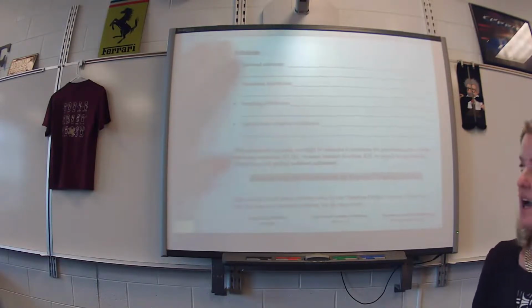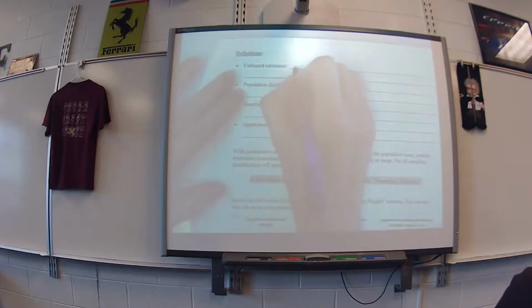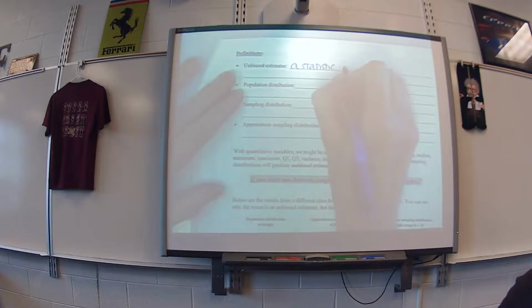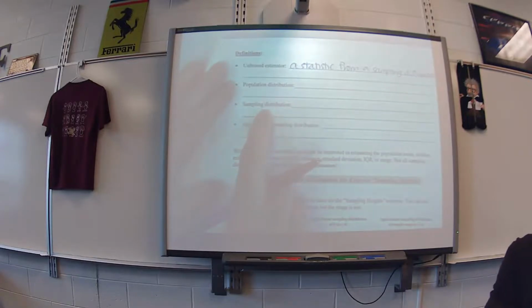All right, an unbiased estimator. Okay, this is the goal of what we're learning how to do right now. An unbiased estimator is a statistic from a sampling distribution, which you'll see is its own vocab word coming up.